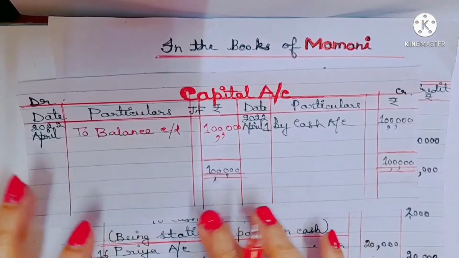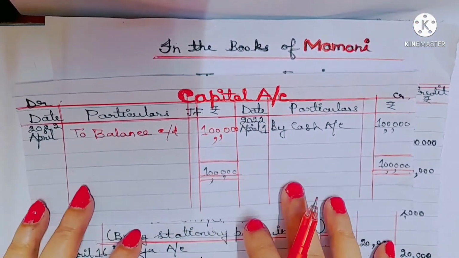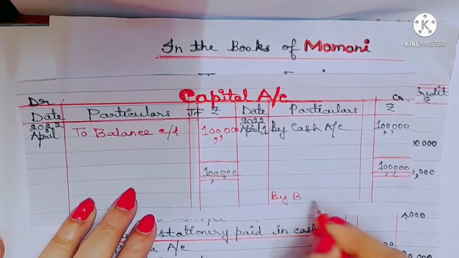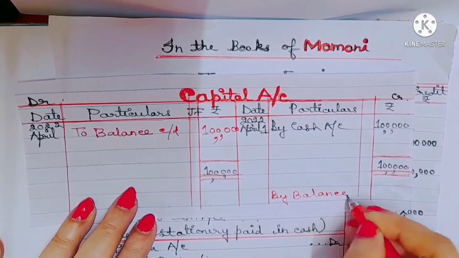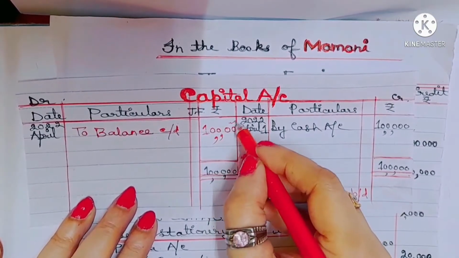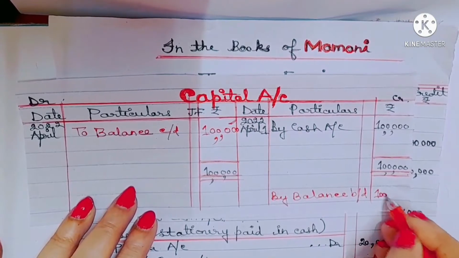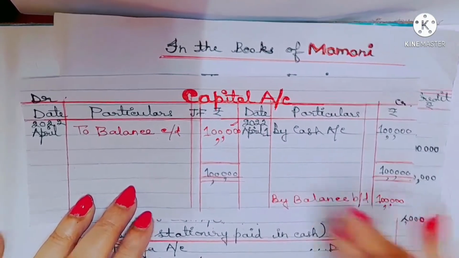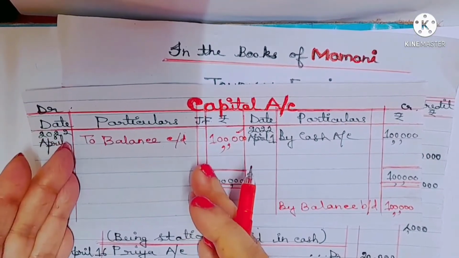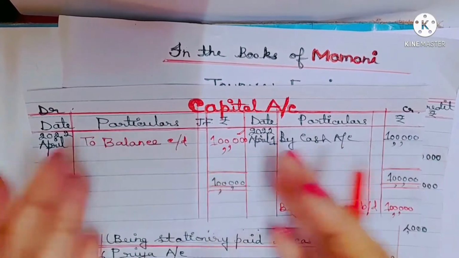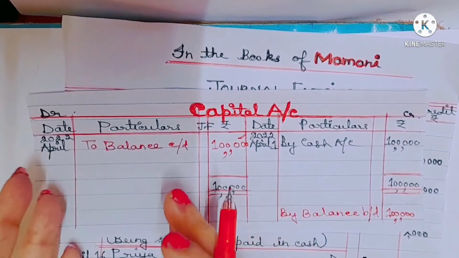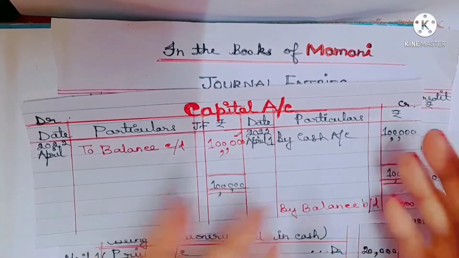হয়েছে। Now since to balance CD is on the debit side, it will appear on the credit side, the opposite side, beneath the total, by balance BD. আমি রেড পেন দিয়ে করছি যাতে তোমরা ভালো করে বুঝতে পারো। টু ব্যালেন্স সিডি অ্যান্ড বিডি। হোয়াট ইজ দ্য অ্যামাউন্ট? দিস অ্যামাউন্ট 1 lakh. দিস ইজ দ্য ডিফারেন্স। যেই সাইডে ডিফারেন্স হবে বা যেই সাইডে শর্টফল হবে সেটাকে আমরা টু ব্যালেন্স সিডি বা বাই ব্যালেন্স সিডি করছি। আন্ডারস্টুড? যেই সাইডে কম আছে, সেই সাইডকে আমরা লিখছি কি টু ব্যালেন্স সিডি ওর by balance CD.